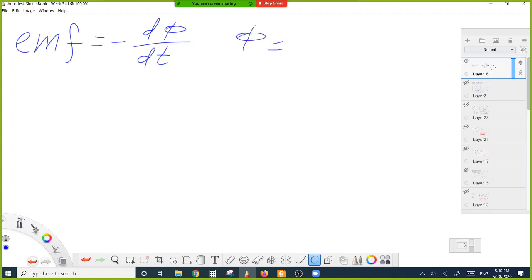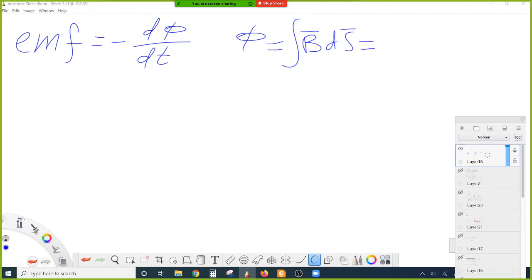Phi in general is equal to the integral of B dS, and in our case this integral becomes B multiplied by S multiplied by cosine beta.